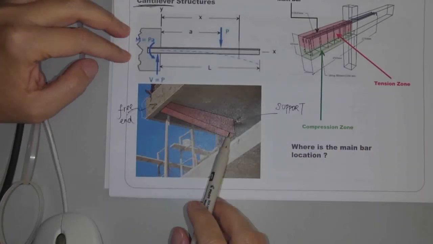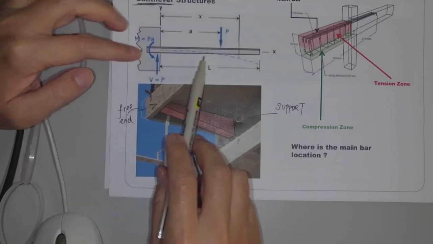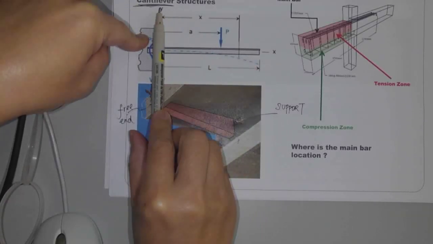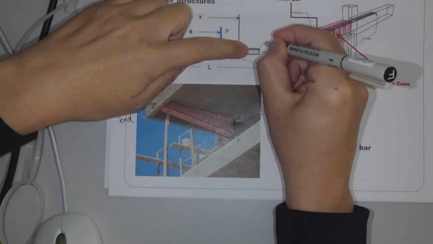So if you try to simplify this diagram, that's what you have. You have a beam supported at this end. That's the free end.